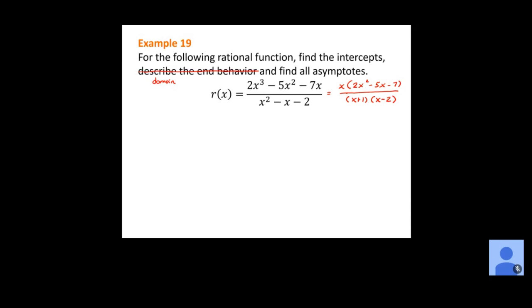All right. Now let's go back and look at the trinomial that's left over in the numerator. Let's see if we can factor that even further. So how would you factor 2x squared minus 5x minus 7 now?